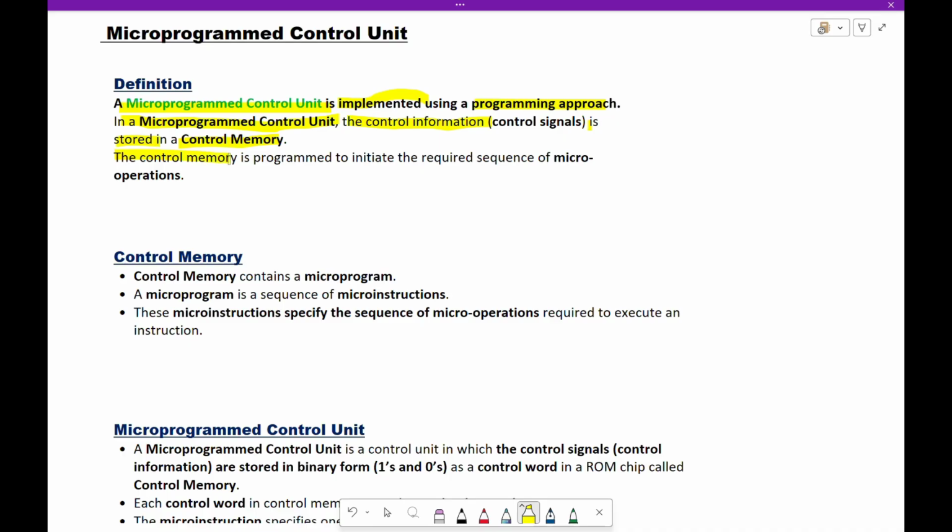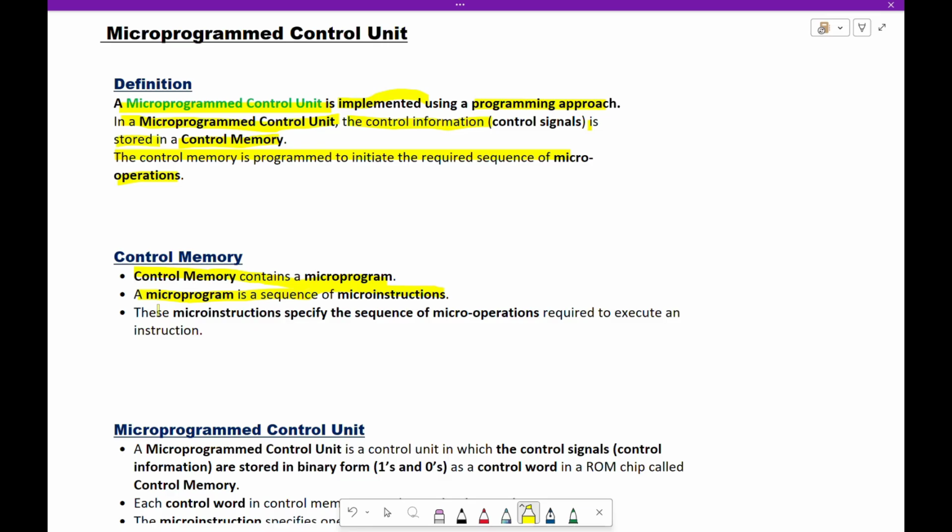The control memory is programmed to initiate the required sequence of micro-operations. The control memory contains the microprogram.